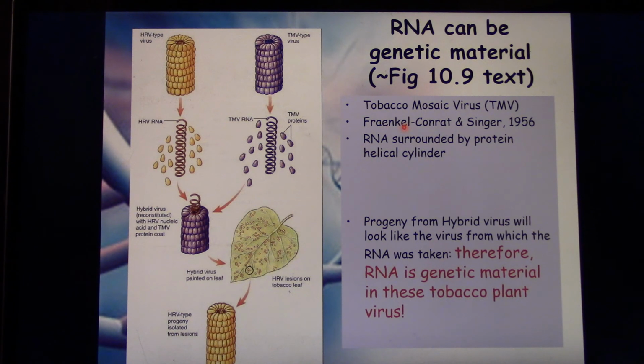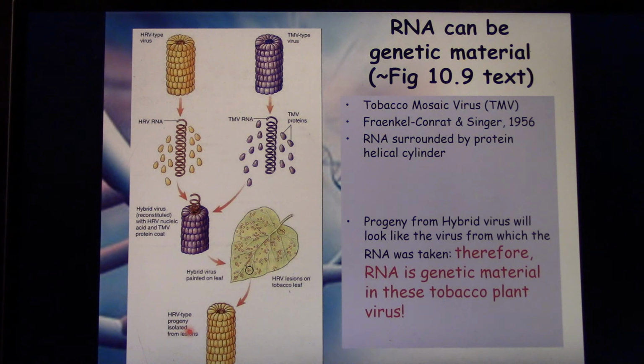So what Fraenkel-Conrat and Singer did in 1956 was to create a hybrid virus, shown here on the diagram. And inside was the HRV RNA, so one type of viral RNA was on the inside, and on the outside were the proteins from the TMV virus. And then they infected a tobacco leaf, and they looked at a lesion, and they asked the question, what does it look like?